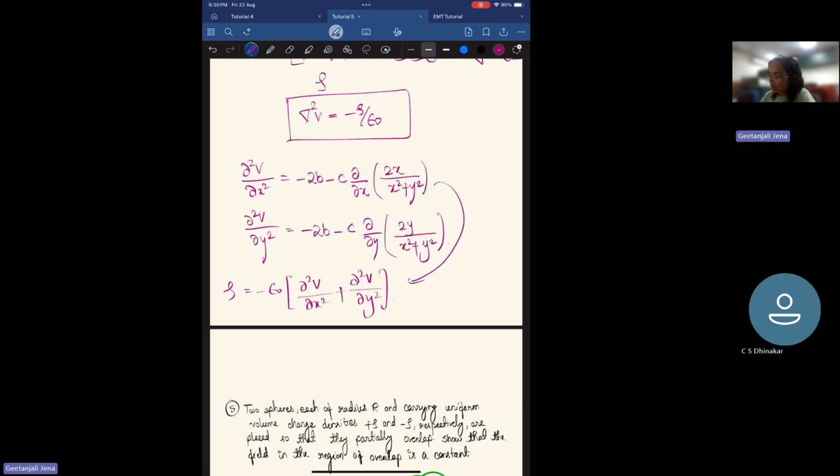Just put the values here. You will get epsilon naught minus 4b minus c, y square minus x square plus y square whole square plus x square minus y square.